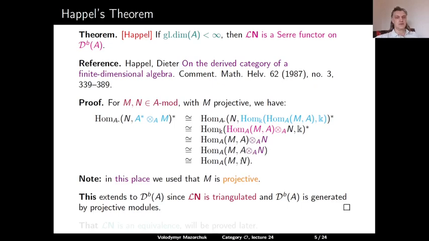So this isomorphism can now be extended to the whole of D^b(A), because the left derived of the Nakayama functor is a triangulated functor, and D^b(A) is generated as a triangulated category by projective modules. So this proves that the left derived of N is a right Serre functor, and we will later prove that this functor is in fact an equivalence.